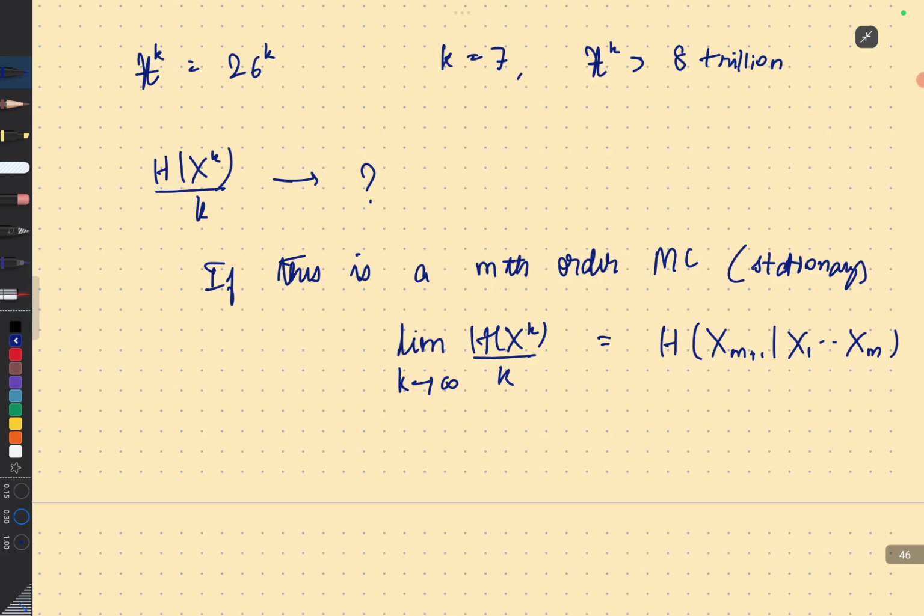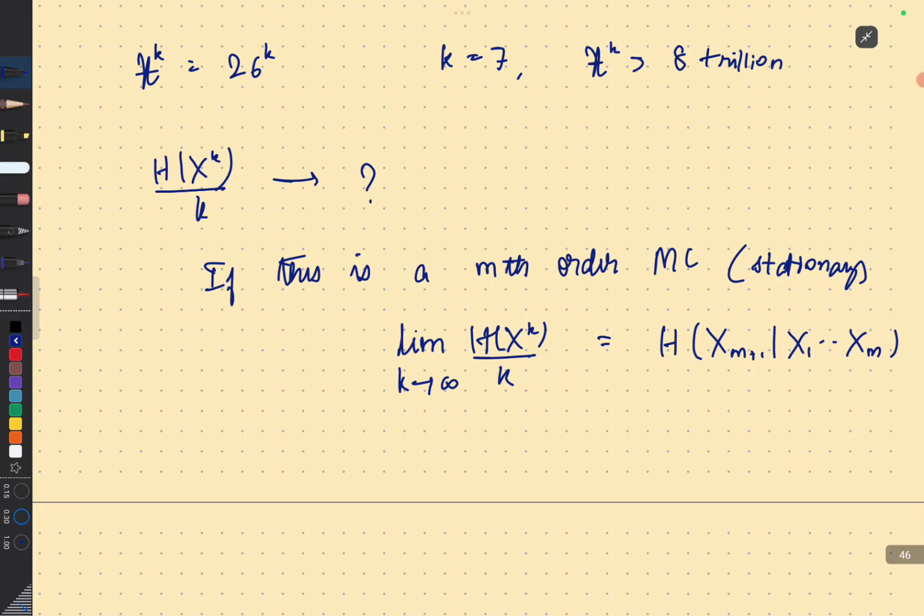All right. And we know that conditioning can only reduce entropy, right? So for example, H of X_{m+1} given X_m is going to be larger than H of X_{m+1} given X_m and X_{m-1}, and so on. So if the true source distribution is an mth order Markov chain, then the rate will keep decreasing as I increase k up to a certain point, until I hit m.